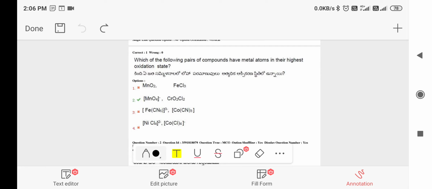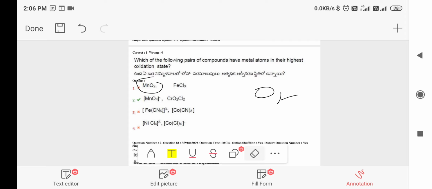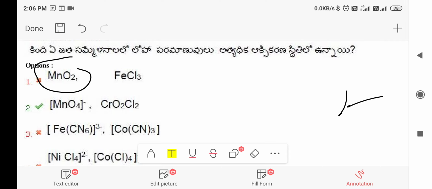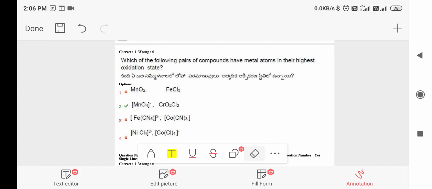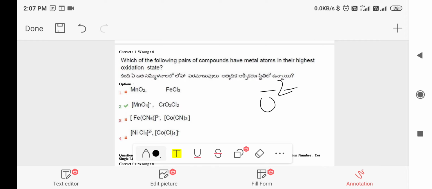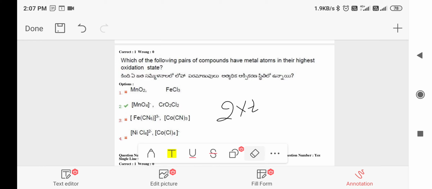So how do we solve this? Let's take an example. The first option is manganese dioxide. Here each oxygen is divalent, so one oxygen carries -2 charge. Here we have two oxygens, so 2 into -2 equals -4.